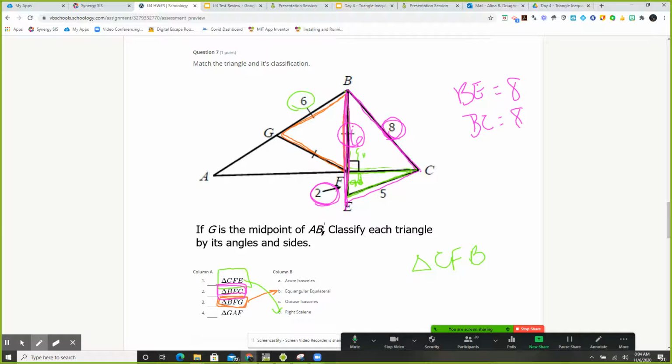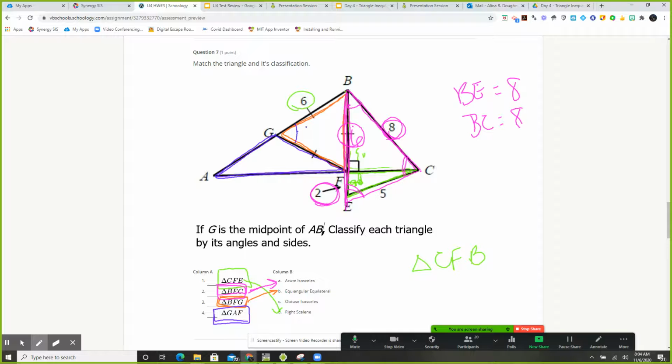Normally I tell you not to just make assumptions, but here, are those all 3 acute angles? 1, 2, and 3. Are they smaller than 90 degrees? I'm thinking this is going to be the acute one, but I want to keep that in my brain to see what the fourth one is. GAF.